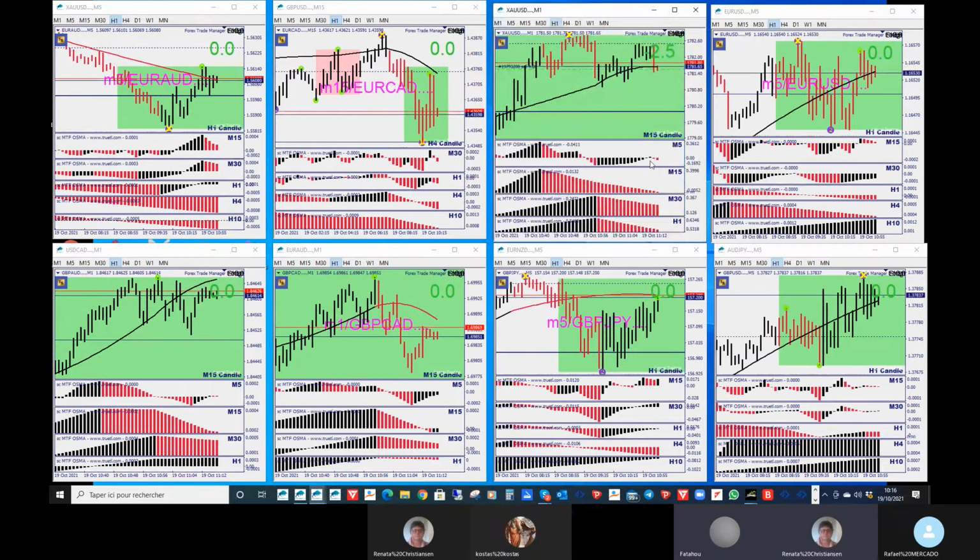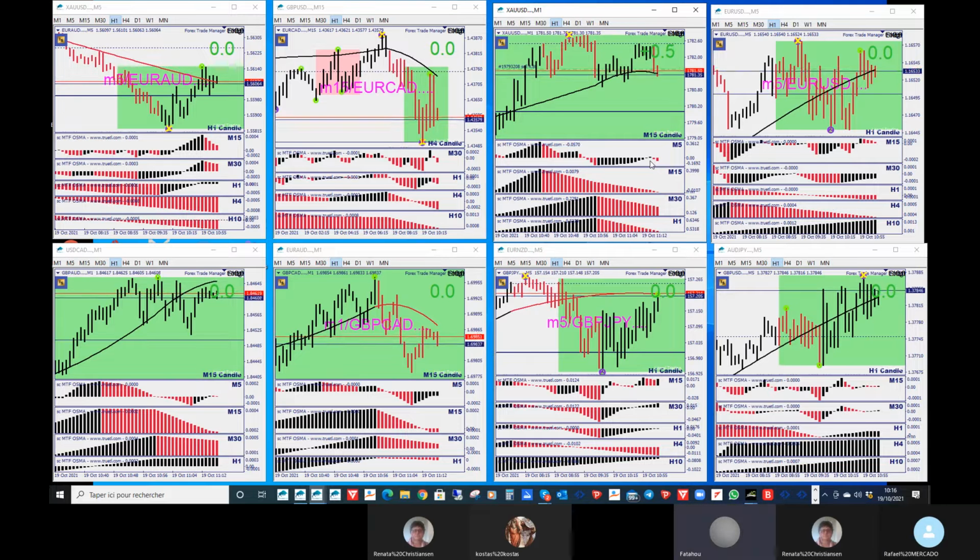I think if you're just going to go a few pips in 1 minute, you have a trade. But if you go for more, that moving average is correct.